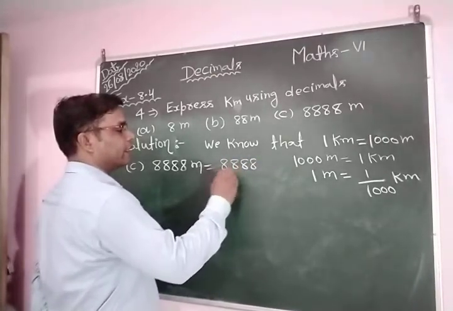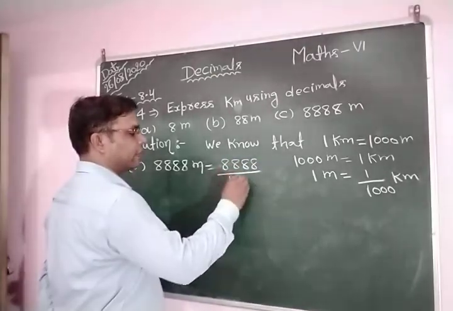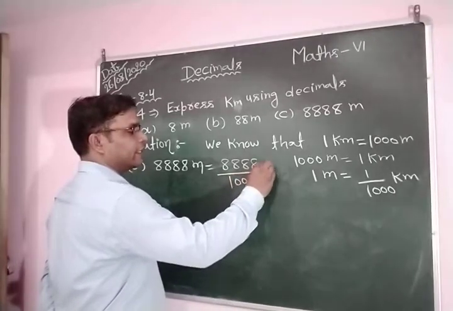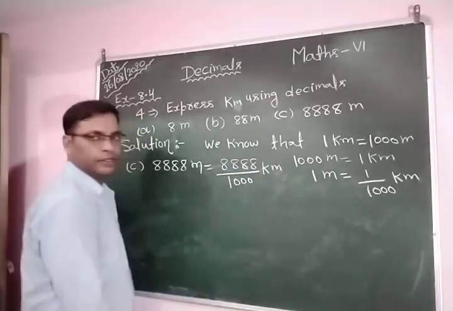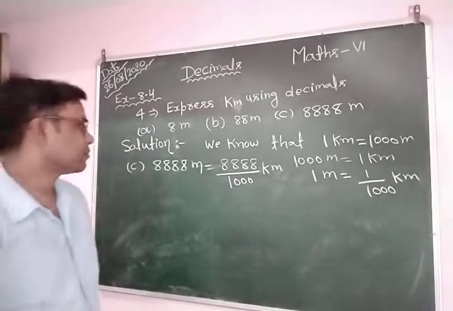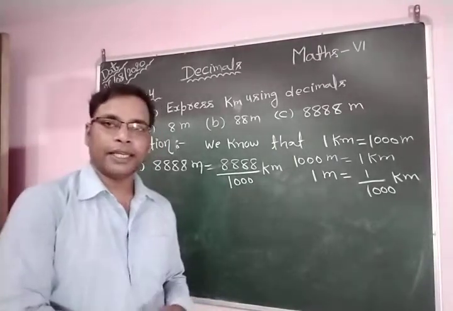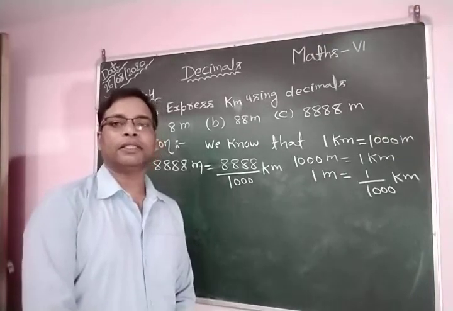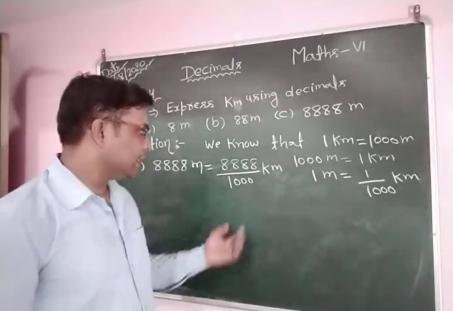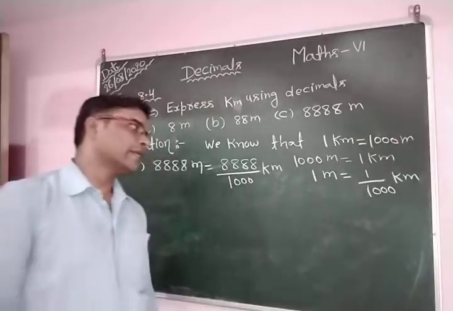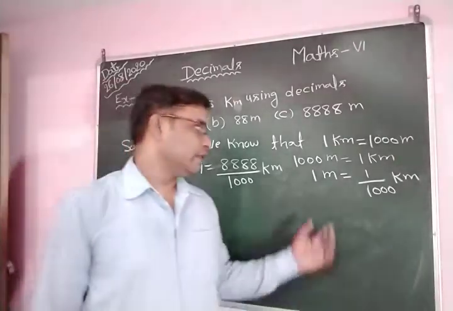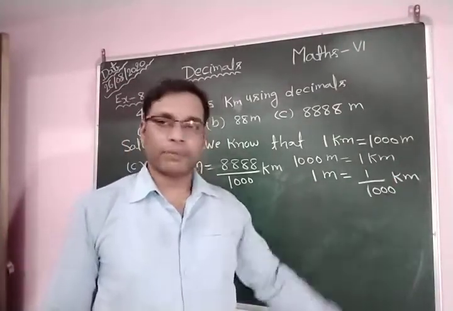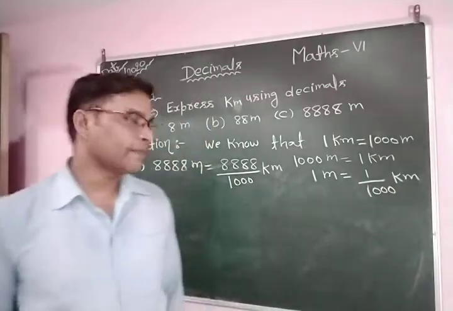So this is 8,888 by 1000, then it becomes kilometers. When you divide 8,888 meters by 1000, it becomes kilometers, because we have 1 meter is equal to 1 upon 1000 kilometers.